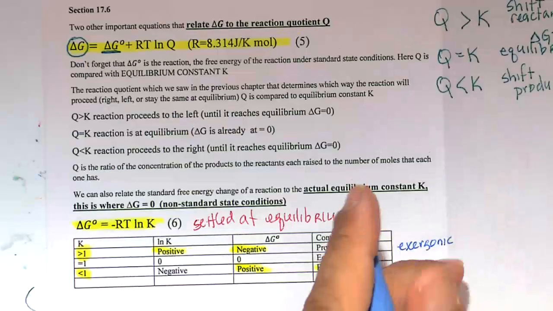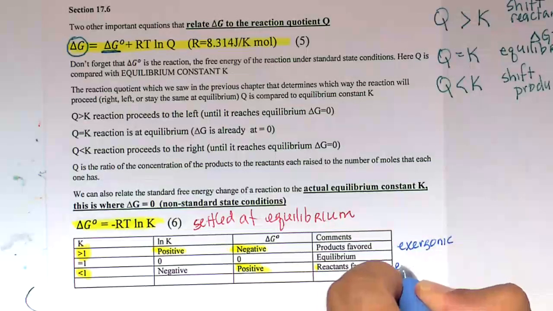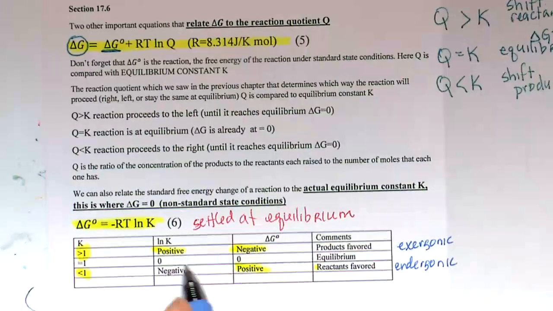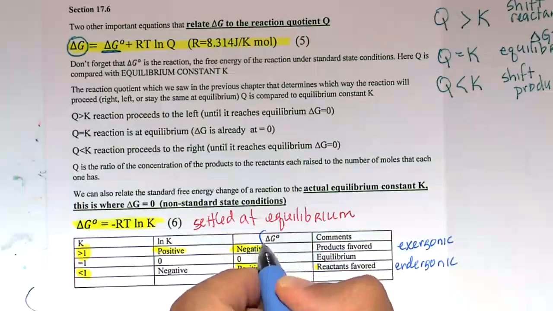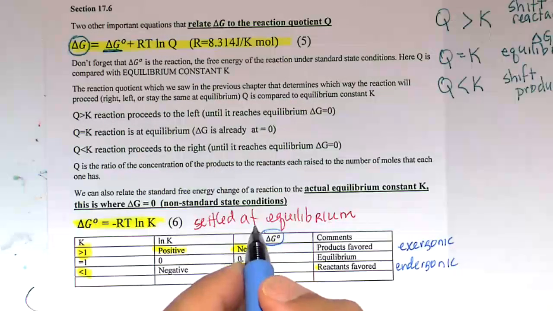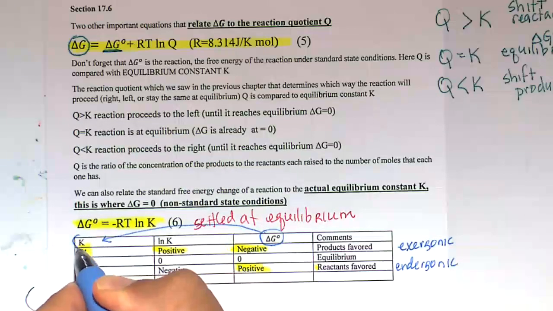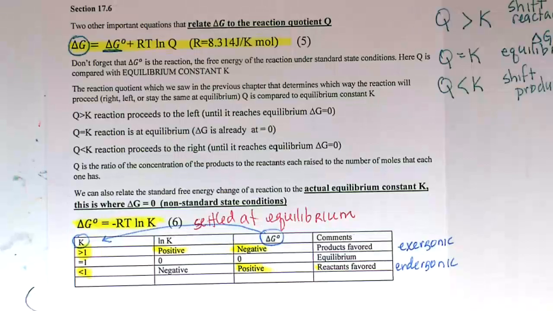The delta G is positive. We call that an endergonic reaction. So basically what we're doing is relating the energy flow, Gibbs free energy, to the equilibrium, in terms of which will be favored, products or reactants.